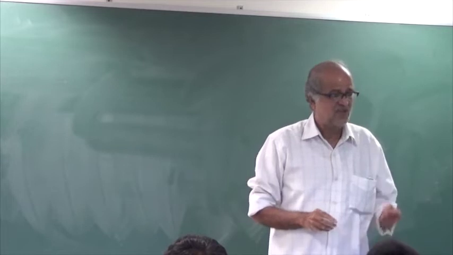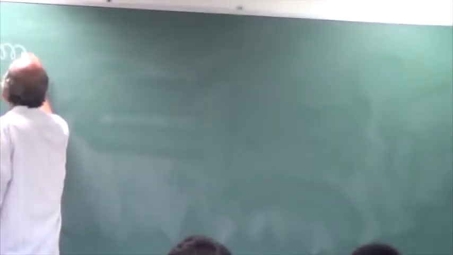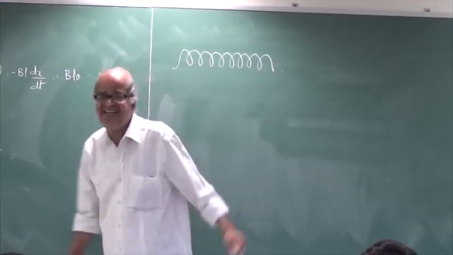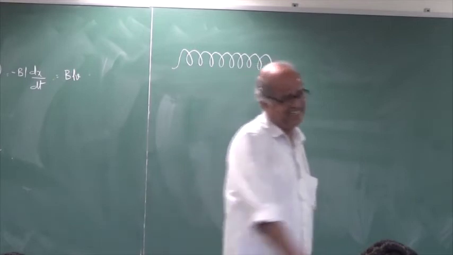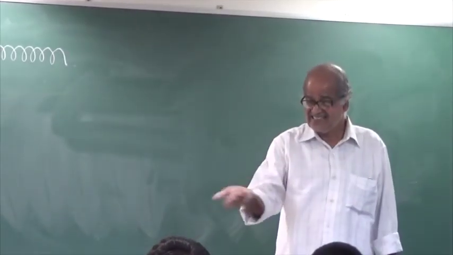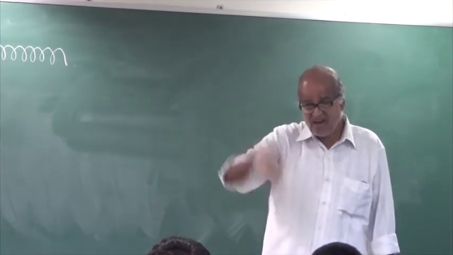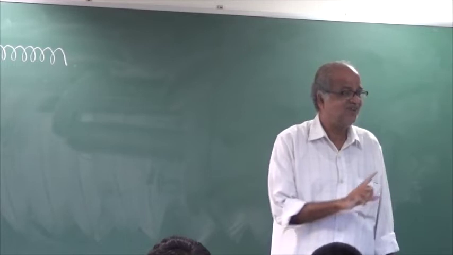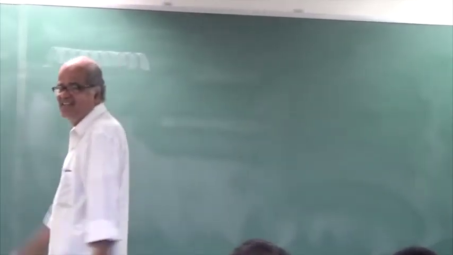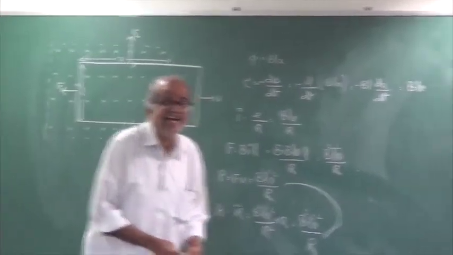Such a coil, where this effect of induction is enhanced, we call an inductor. Here the current changing in the coil induces an EMF in the coil itself. You call it self-induction. The property of the coil is called self-inductance.